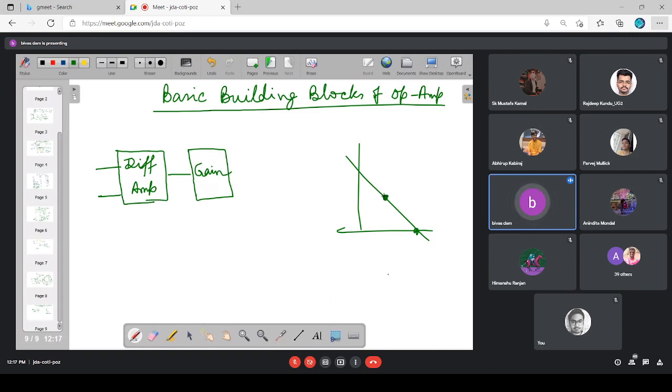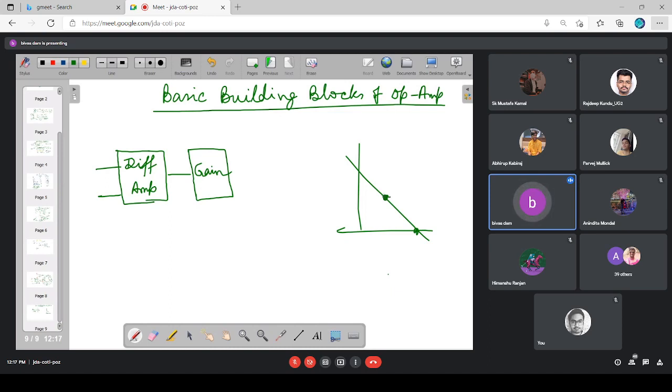So if you place the operating point at 0, no negative swing will be available. Only the positive half cycle of the input AC waveform will appear at the output. No negative half cycle will be available because my operating point itself is the ground point, and my output cannot go beyond 0.